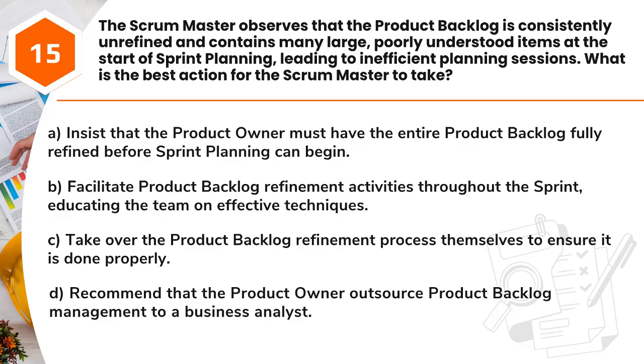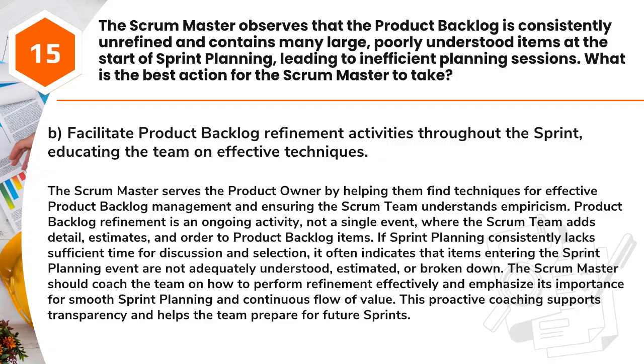B. Facilitate product backlog refinement activities throughout the sprint, educating the team on effective techniques. C. Take over the product backlog refinement process themselves to ensure it is done properly. D. Recommend that the product owner outsource product backlog management to a business analyst.